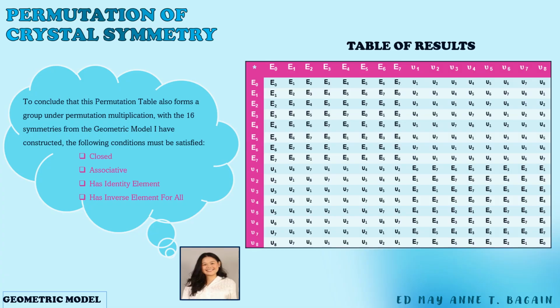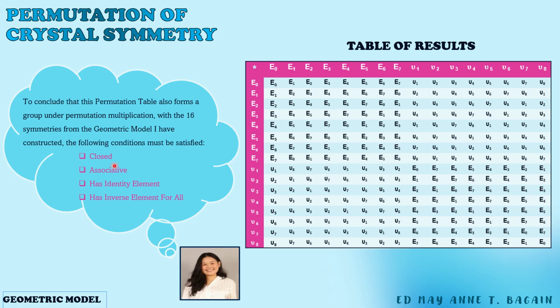To check if this is a permutation group, or a group under permutation multiplication with the 16 symmetries from the geometric model I have constructed, the following conditions must be satisfied. So we can say that with this completed table of results from doing all of the permutation multiplication of the 16 symmetries, we'll be checking if all of this is satisfied.